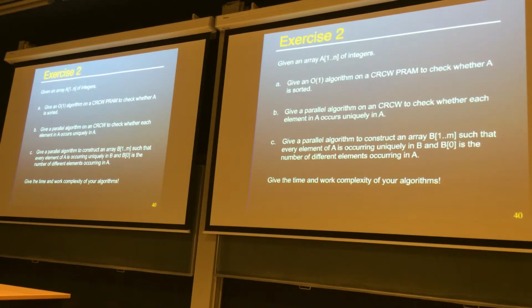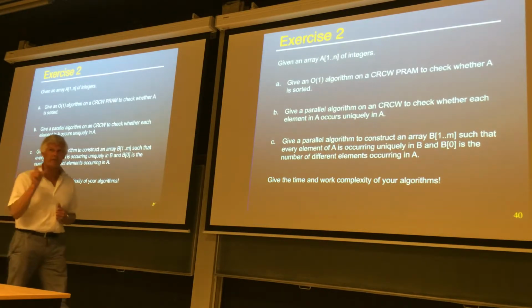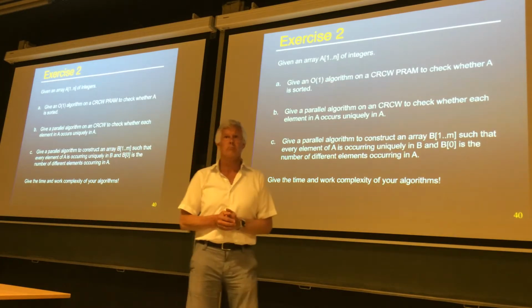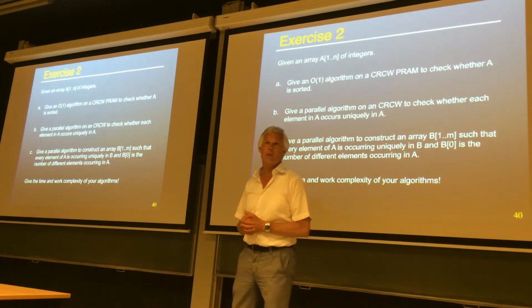Okay, so again, you could use the same idea here. You just assume that every element is unique, and then you detect violations. And once you have found a violation, you return it in the form of a boolean.